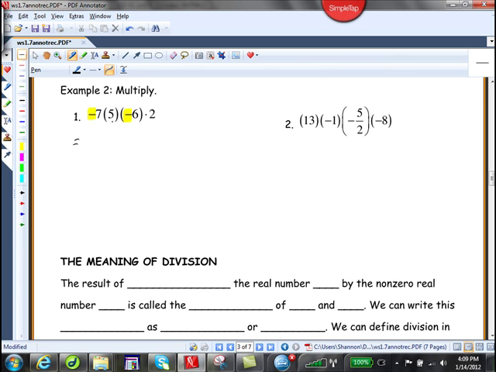So I'm looking at 5 times 6 times 2. 5 times 6 is 30, 30 times 2 is 60. So we're going to get 7 times 60. The negatives went away because we've got two of them, so that becomes positive. So our end result for this bad boy is 420.